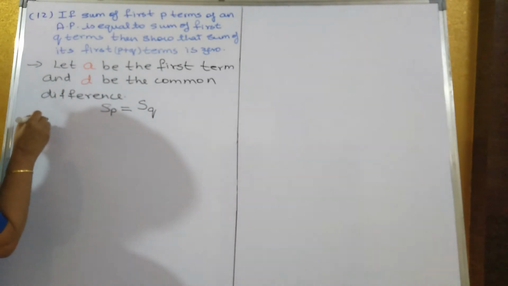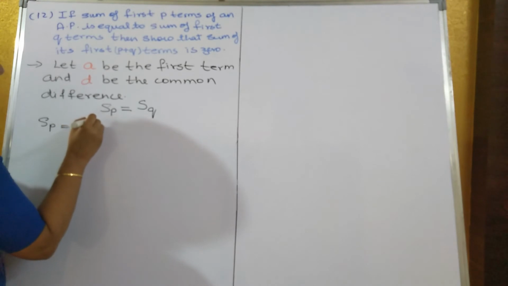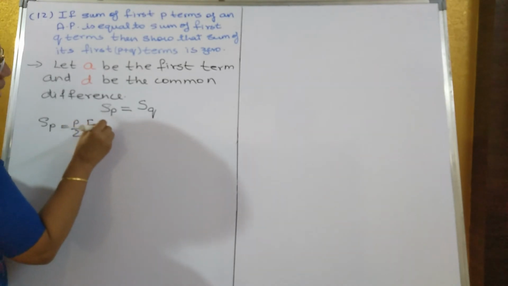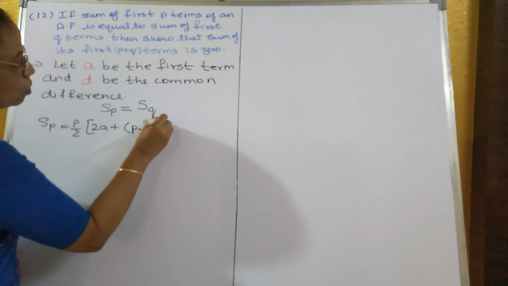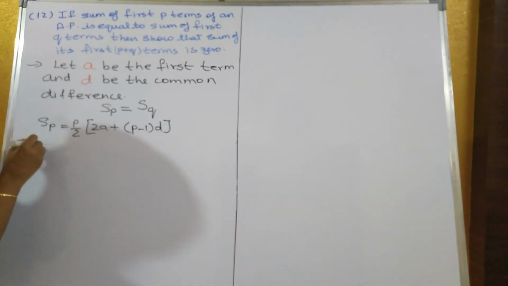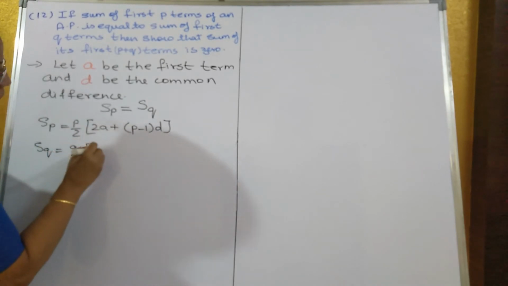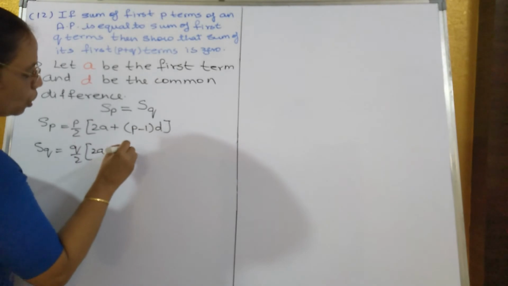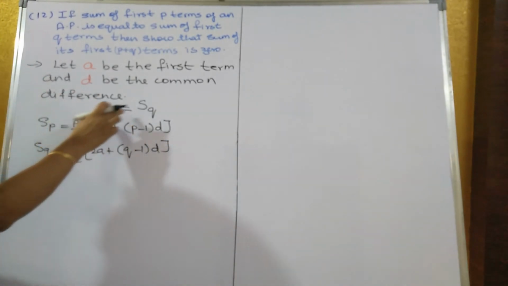So what will be SP? SP is equal to P upon 2 into 2A plus P minus 1 into D. And what is SQ? SQ will be equal to Q upon 2 into 2A plus Q minus 1 into D. Now let us take this: SP is equal to SQ.